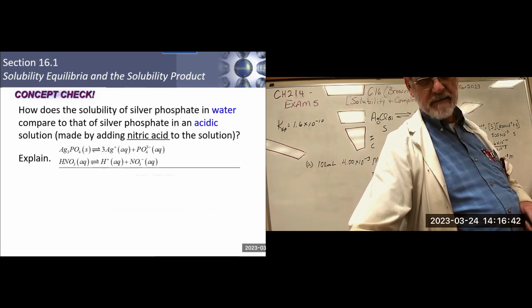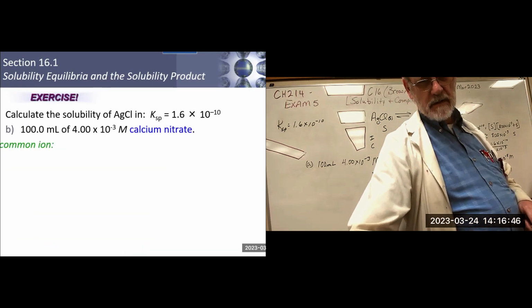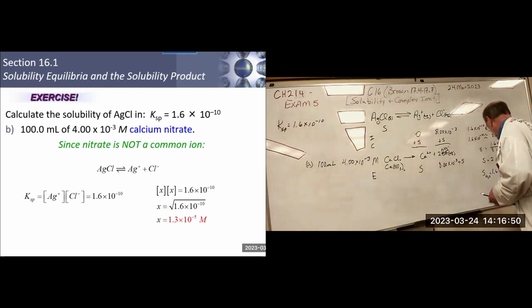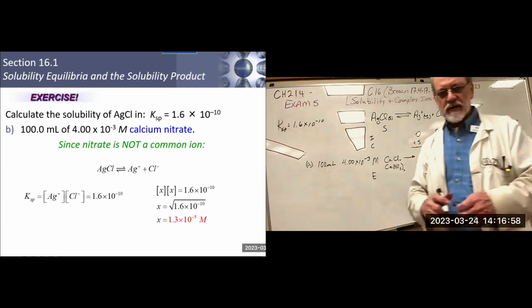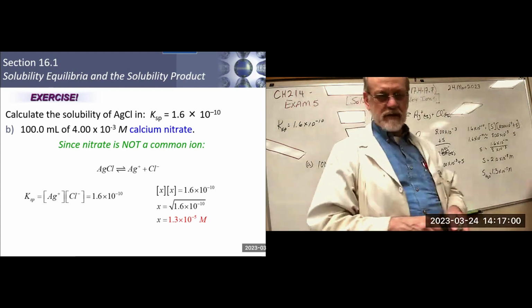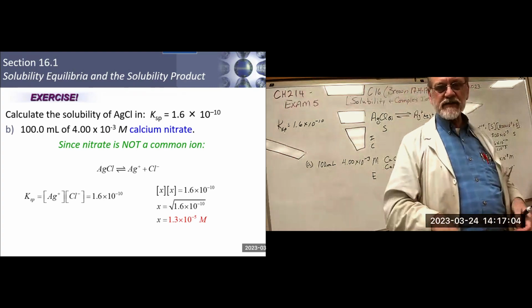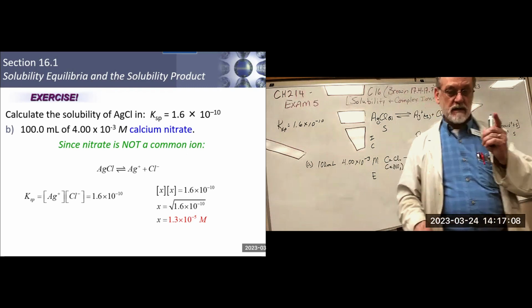My mistake. So this should be 1.3. It's still over 3 orders of magnitude difference. Yeah, 3 orders of magnitude. 1,000 times less soluble if there's that common ion.